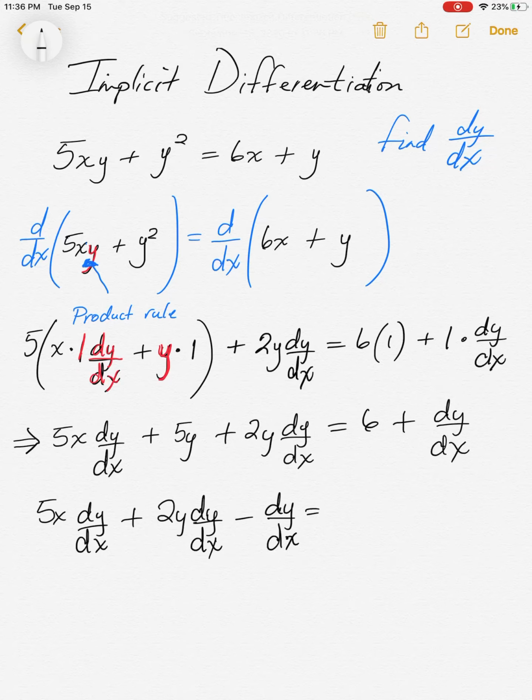Then I have a dy dx on the other side, and I'm bringing it over by subtracting. And we have 6 minus 5y. Just notice all I did was move everything around. The 5y got moved to the other side.